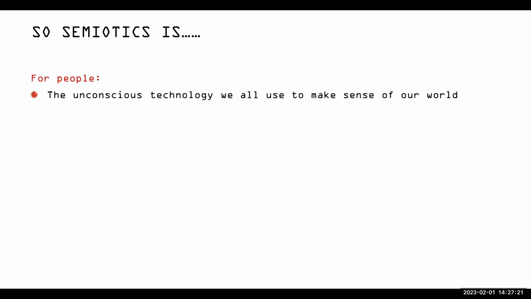So semiotics, when you look at it, is the way we make sense of the world. If you're a Christian and you already know what an apple is, it's a symbol of temptation. Therefore, you understand the meaning Apple Inc. has given to the fruit.